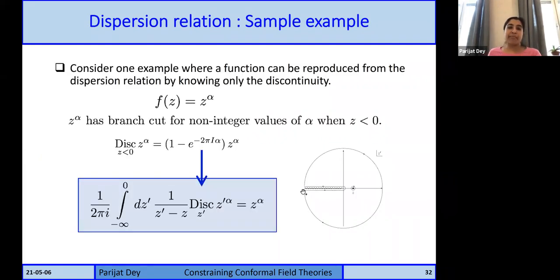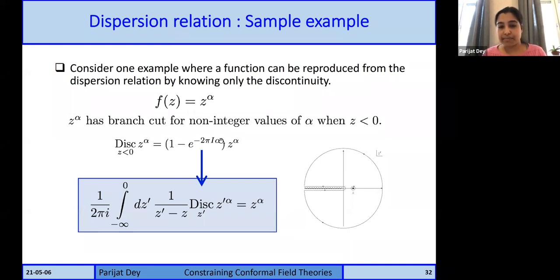Now consider an example where a function can be reproduced from the dispersion relation by knowing only the discontinuity. So z power alpha is a function which has a branch cut for non-integer values of alpha when z is negative. The discontinuity of this function is the same function times a phase factor.